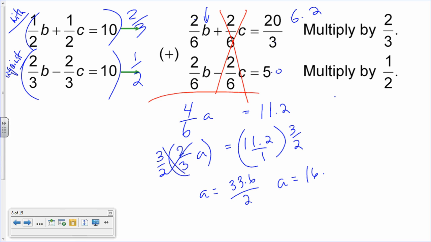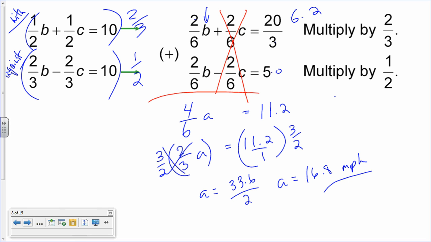16.8? Yes. Okay, so my boat, how fast is it going in still water? About 17 miles per hour. Would you round that? I could. It wouldn't hurt. That's a great question too, because your engine might say 17 instead of 16.8, right?